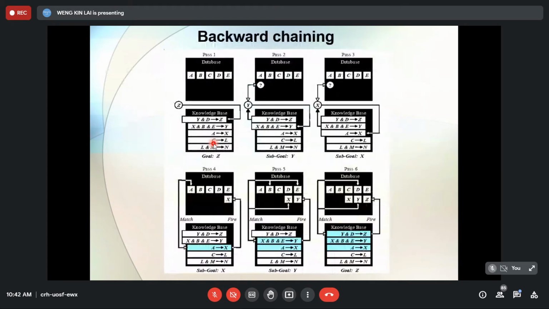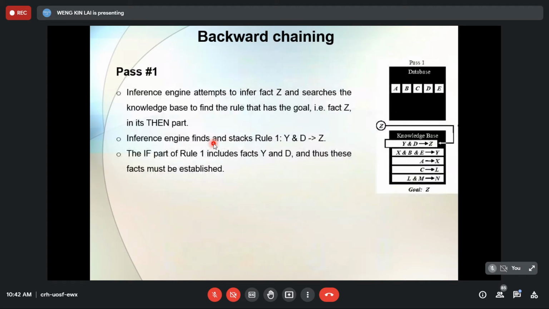This is the visualization of your backward chaining process. Let's look at it one by one. In the first pass, my goal is to prove that Z is true.